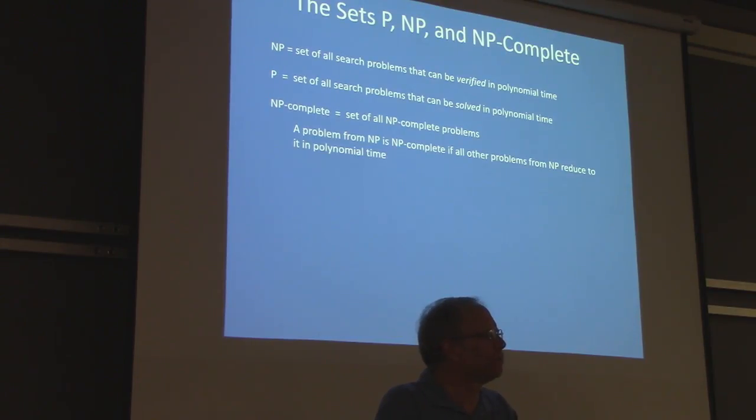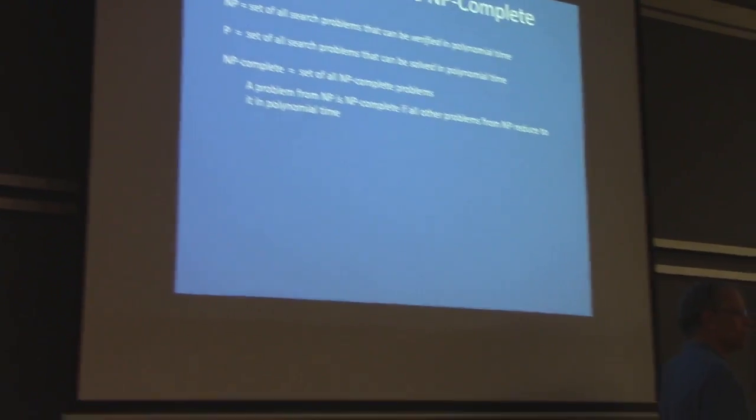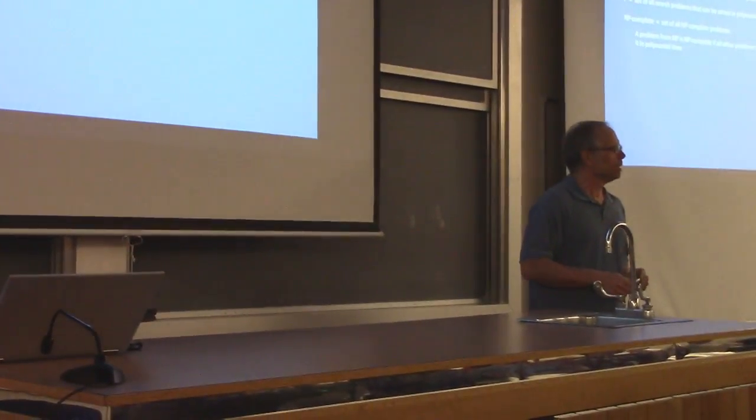What would it mean if you could find a fast polynomial time algorithm for an NP complete problem? Then that would mean that you could solve any problem from NP in polynomial time. Would this prove that P equals NP? That would prove that P equals NP.